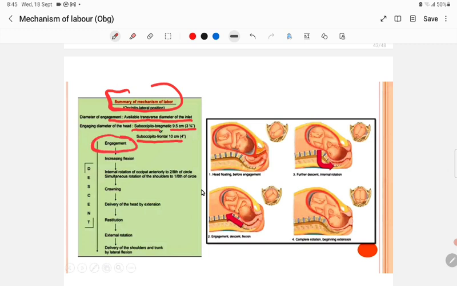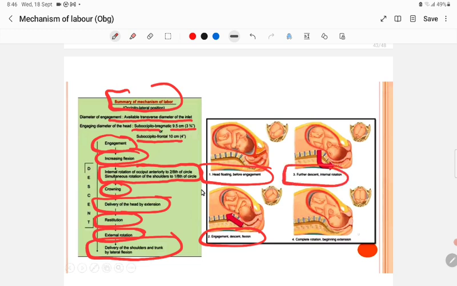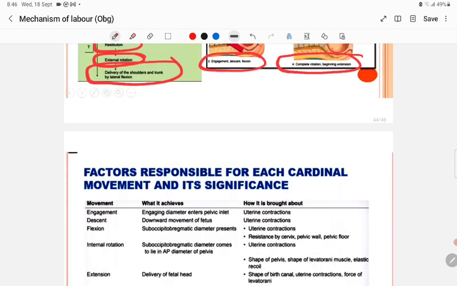First engagement happens, increasing flexion happens, internal rotation of the occiput anteriorly by 1/8 of a circle, with simultaneous rotation of the shoulder by 1/8 of a circle. The crowning happens, then the fetal head is delivered by extension, restitution, and external rotation, and the shoulder is delivered by lateral flexion. Head floating before engagement, then engagement, descent, and flexion happen. Then descent and internal rotation, complete rotation, beginning of extension.